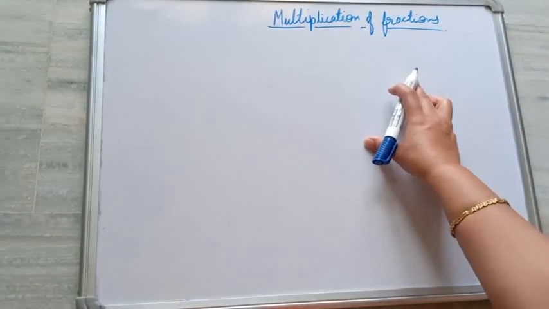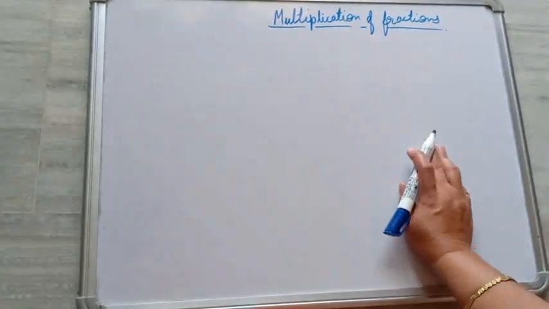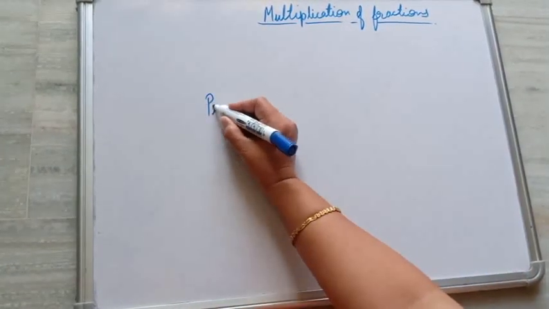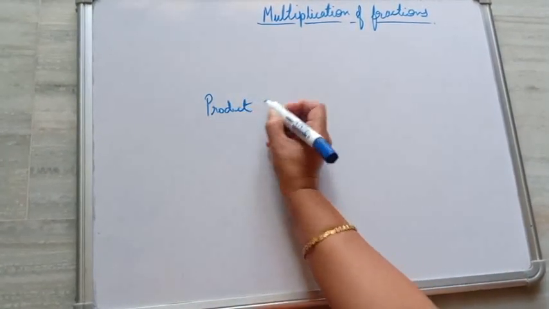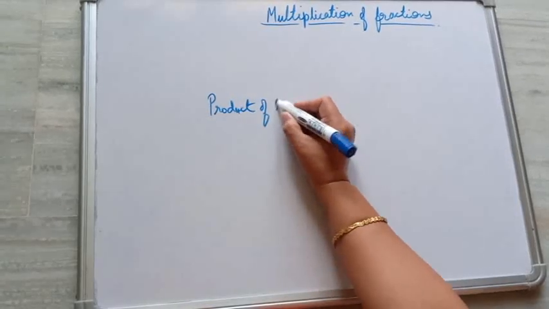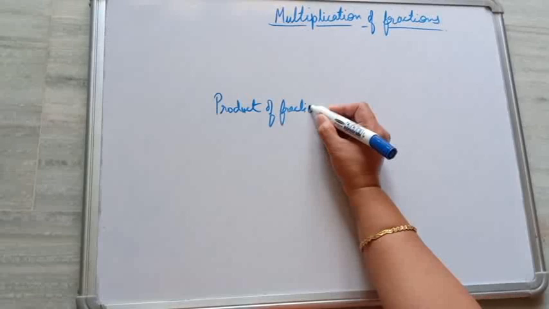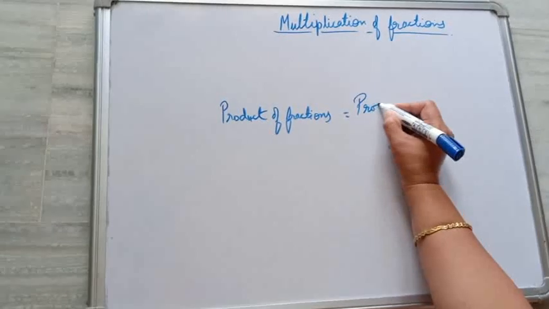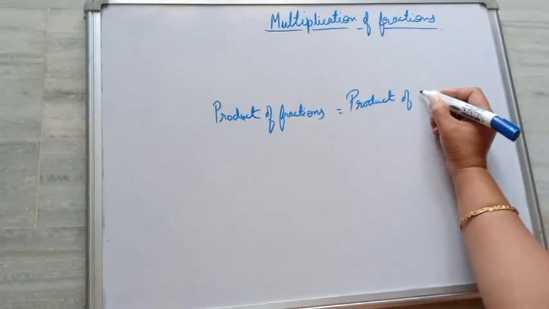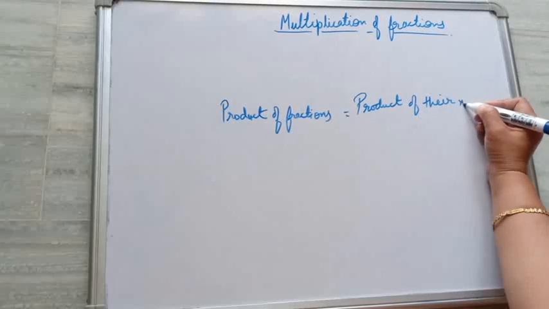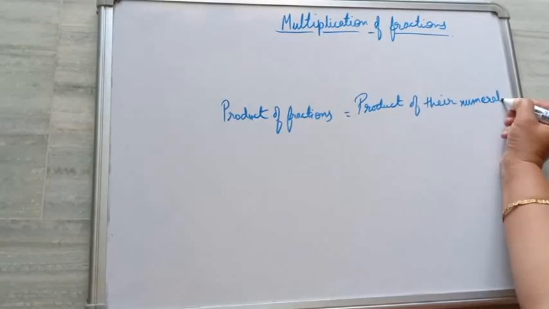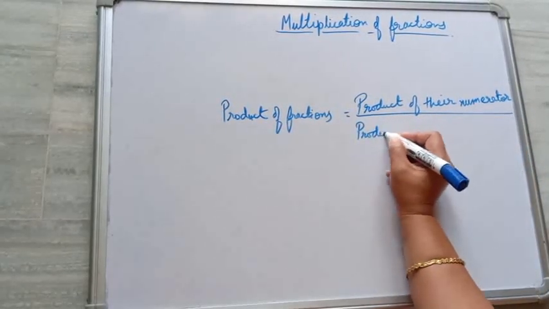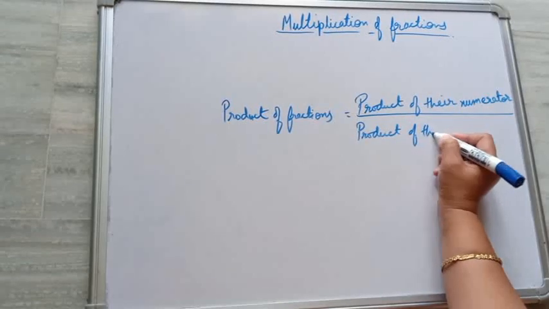Multiplication of fractions. This is our next topic. There is a rule for the product of fractions: the product of fractions is equal to the product of their numerators upon the product of their denominators.